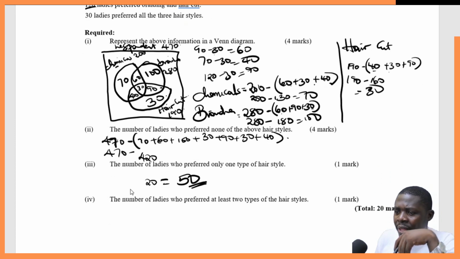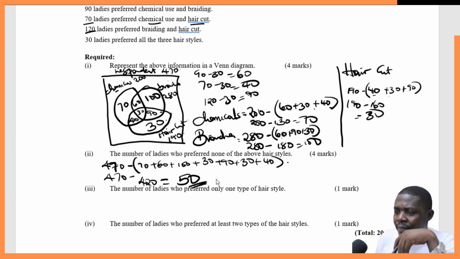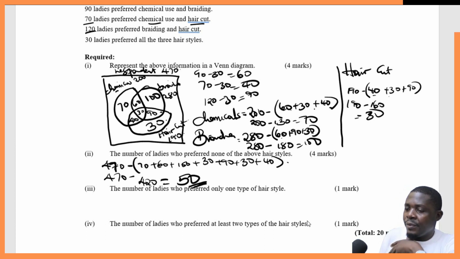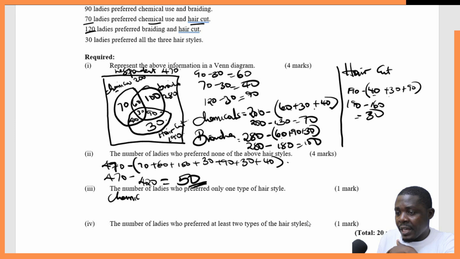At Roman 3, the number of ladies who preferred only one type of hairstyle. You can have those who preferred chemical, braiding, and those who preferred haircut.